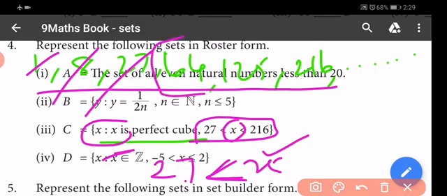And the last condition, x is less than 216.